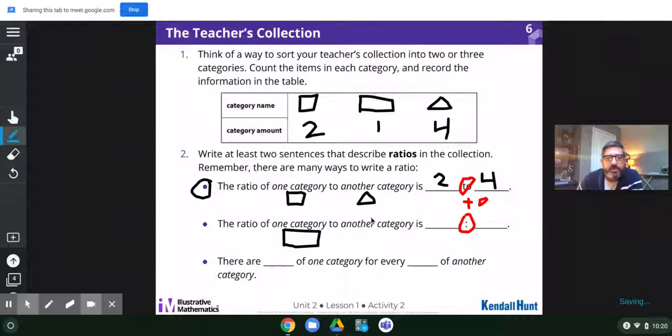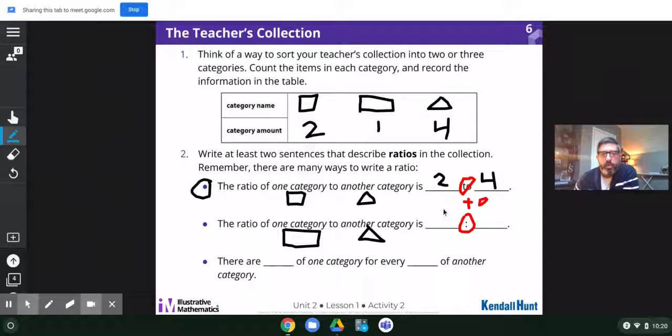What do we want to use for our second category here? How about triangles again? So if we were going to complete this sentence, the ratio of rectangles to triangles, how would we finish that out? What would these two blanks be? The ratio of rectangles to triangles is what to what?